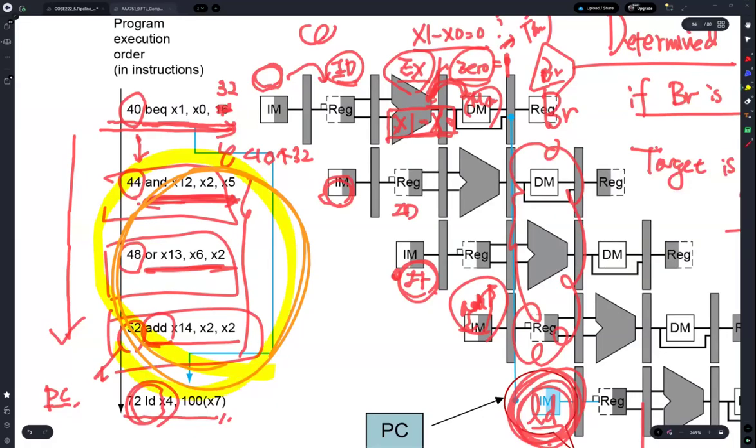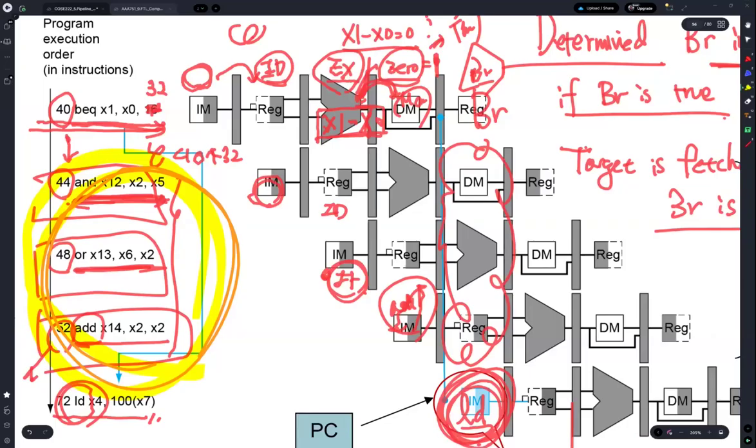So this load instruction is the correct instruction, and those instructions are in the memory stage, execution stage, and ID stage, right?